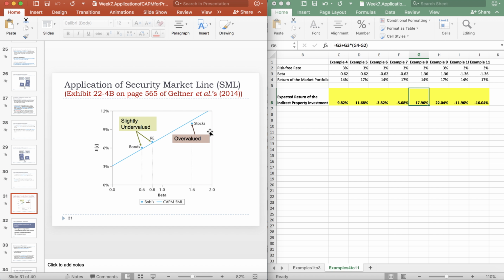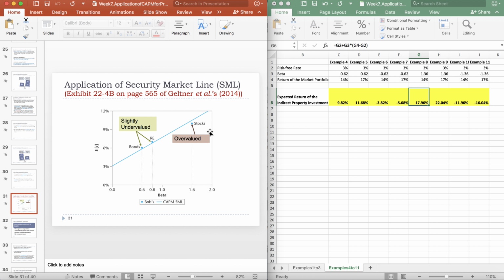So you have to buy it at a higher price than its fair price, and this will drive down the estimated return for this investment.